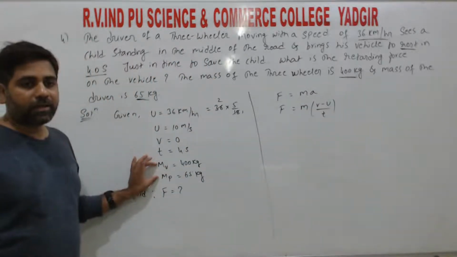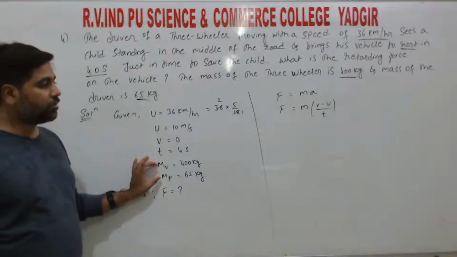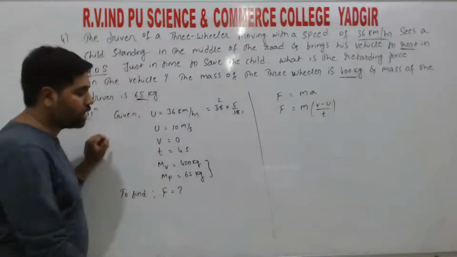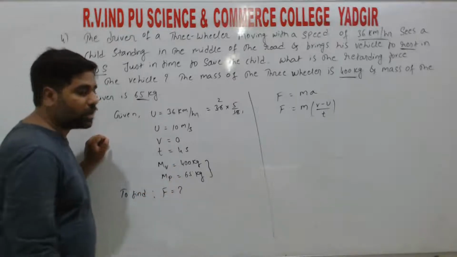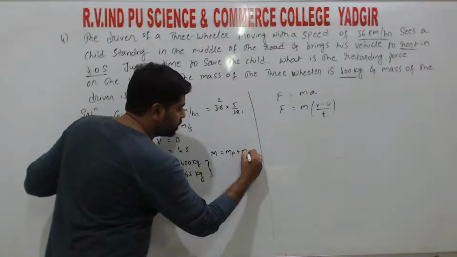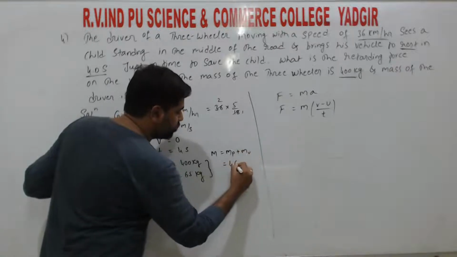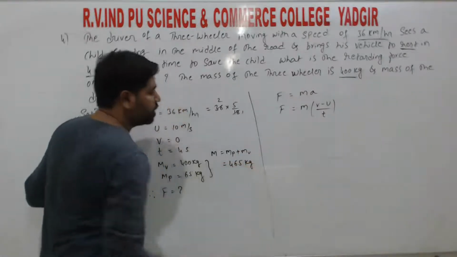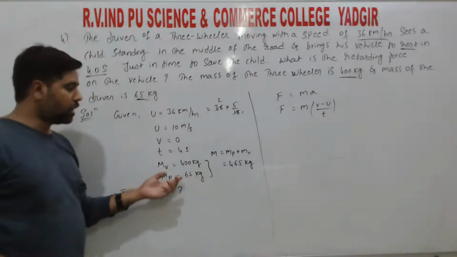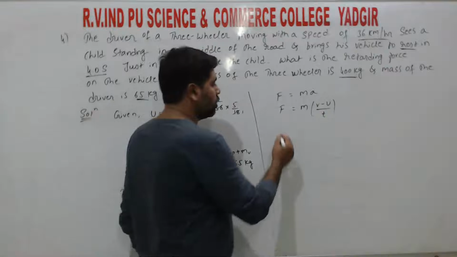We are considering the vehicle mass also. M is the sum of these two, the mass of the vehicle plus the mass of the person. So M is equal to 465 kg. Since we consider all this as one system, we add the two masses.